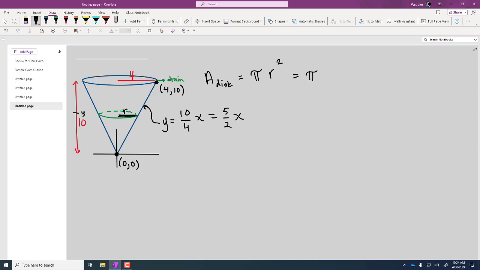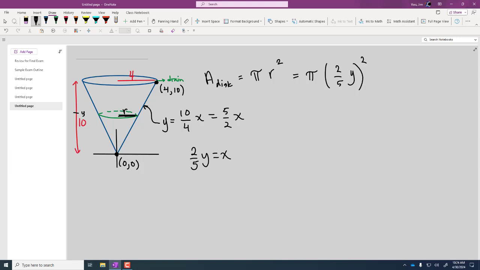So what we're going to do is solve for x. We're going to have 2/5 y equals x. And that's what comes in up here. 2/5 y is the radius. And now we have the area of the disk at a height of y. It'd be like 2/5 y minus 0, right, which is that. Yes, exactly.